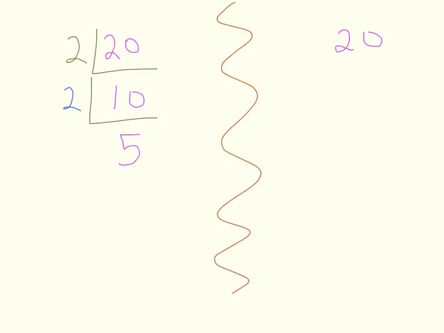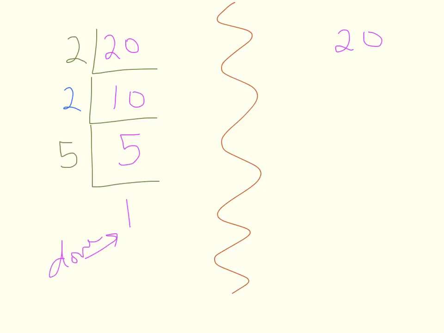So let's take the number 20. It's even, so on this approach over here on the left column, I'm going to go by 2. 2 goes into 20 10 times. 10 is still even, so I'm going to put in a 2 here, and I'm left with a 5. 5 is only divisible by 5 and 1, so I have a 5 there and a 1, so I know that I am done.